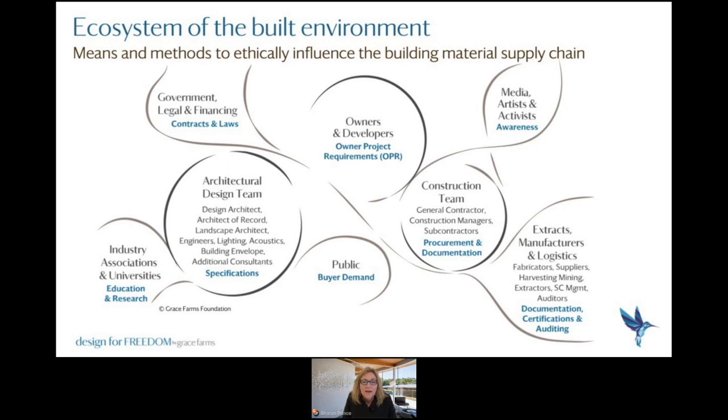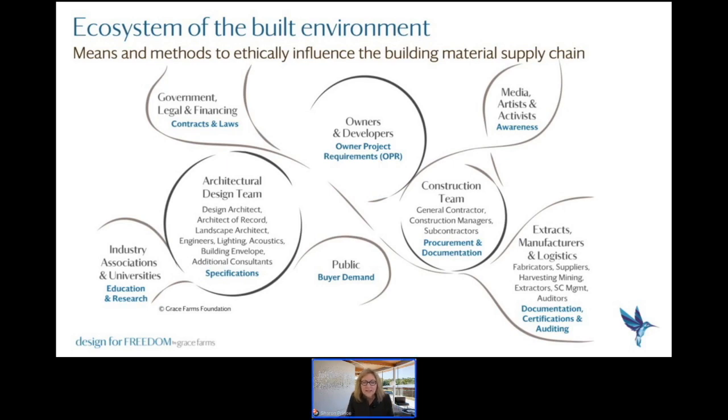So now achieving ethical supply chains will require mobilizing the full ecosystem of the built environment, which we've begun. Since it began really, about 5 years ago, we've been putting this together. Now we have about 80 leaders in the full ecosystem in each one of these areas.